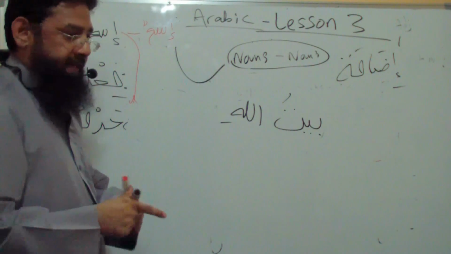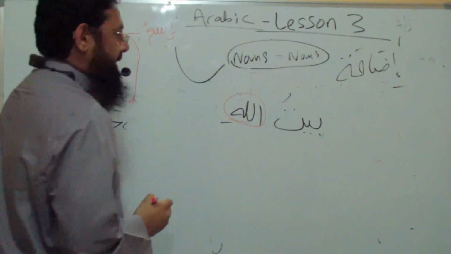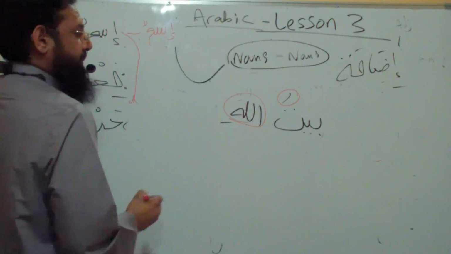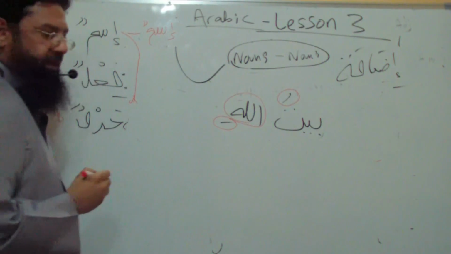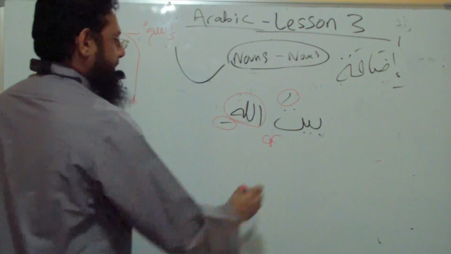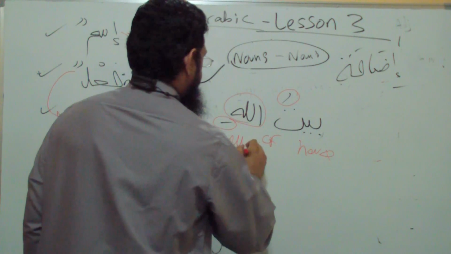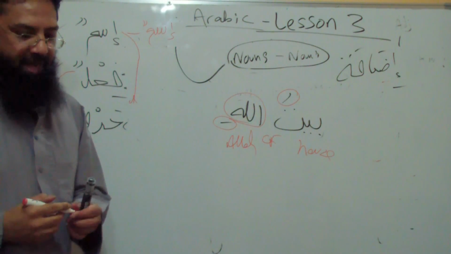Here, obviously Allah is not a definite article. This is a word, Allah, in itself, in its entirety. But the key thing is that noun 1 has dhamma, and noun 2, Allah, has genitive. So if that's the case, put "of" in between. So here, house of Allah, or Allah's house. Both mean the same thing.